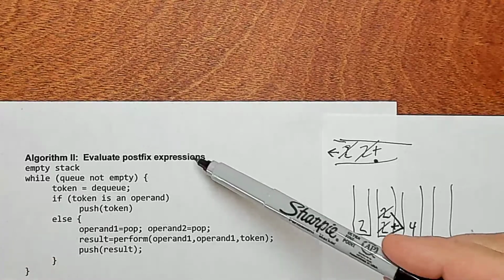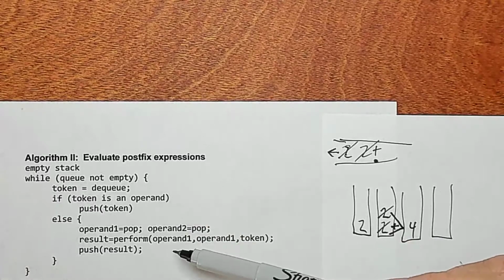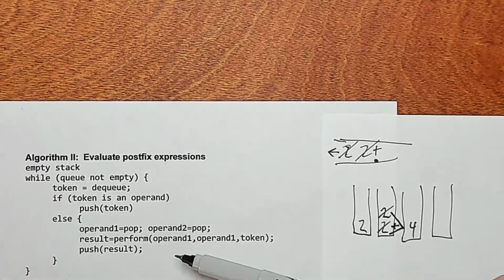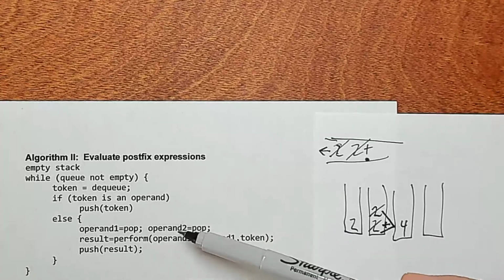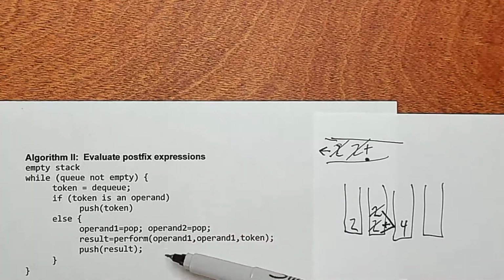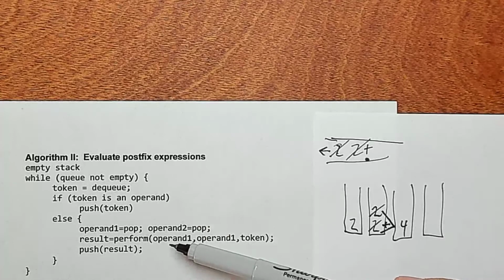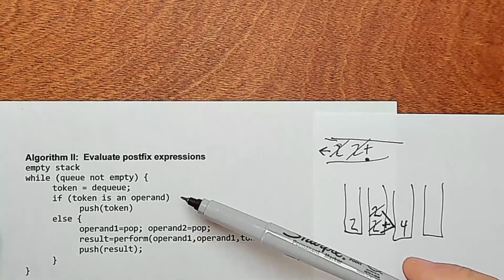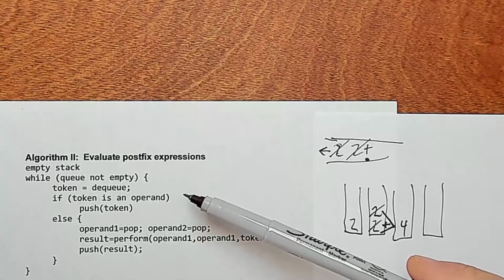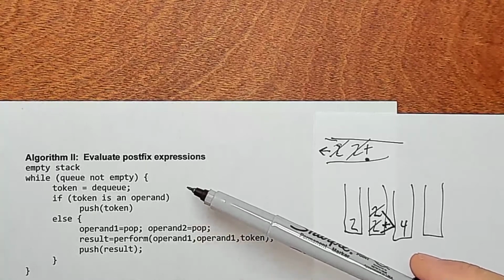So this little evaluation algorithm, that's why we like postfix, because this is a nice, clean, very fast, efficient algorithm. And think about when you write code, you write infix expressions. Why? Because that's what we're trained as humans to do.